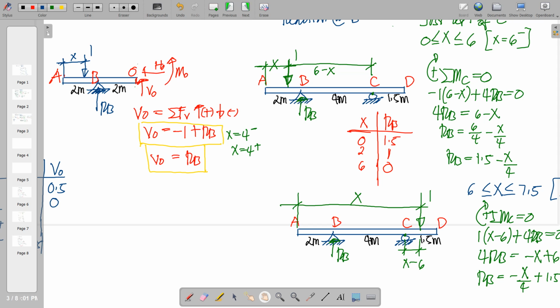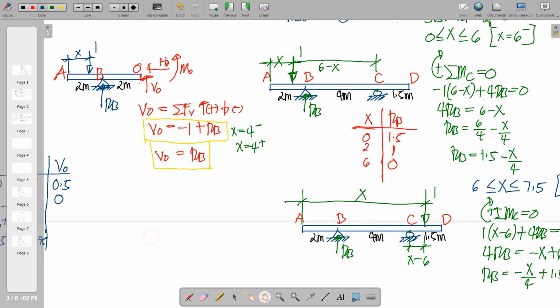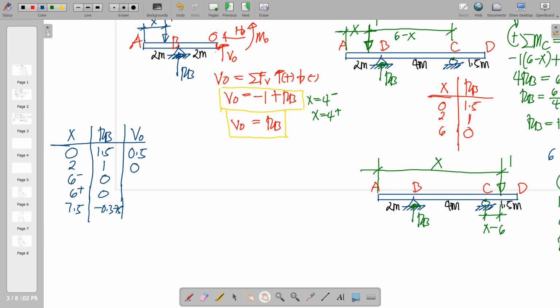Again, RB is equal to 1.5 minus 4 all over 4, 1.5 minus 1 is 0.5. When x is equal to 4, we can bring it here. Your RB will be equal to positive 0.5.